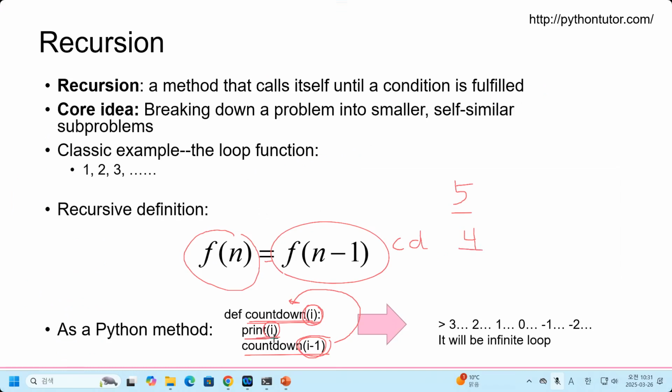I will print 4, and then again countdown I minus 1. Now it becomes 3, and so on. So it will go down, down, down, down. But using this function, it will be an infinite loop. So infinite loop means the loop will go on until no limit.